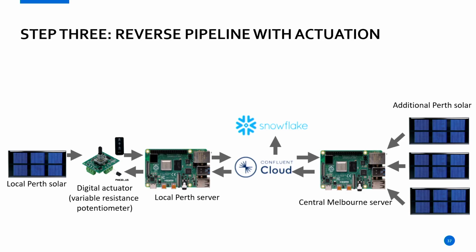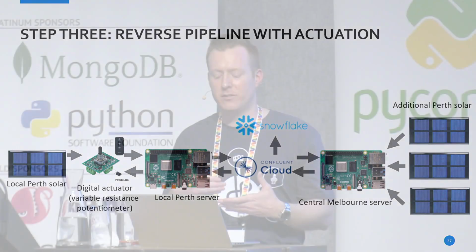That sounds like a very complex instrument, but what it's going to do is allow us to adjust the resistance in our circuit and give it a set point. So if we're seeing too much production and want to curtail our solar, we can raise how much resistance is in that circuit and curtail that production.